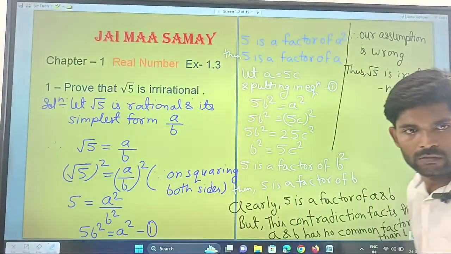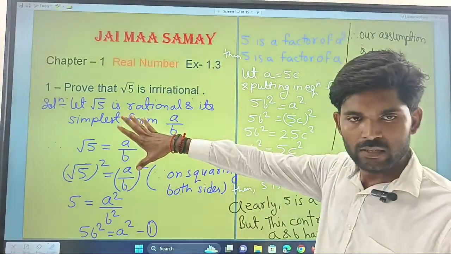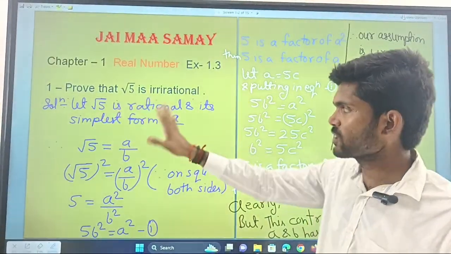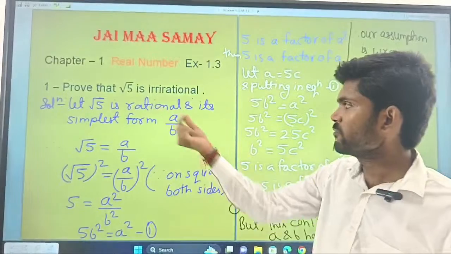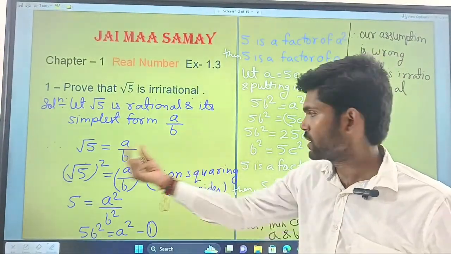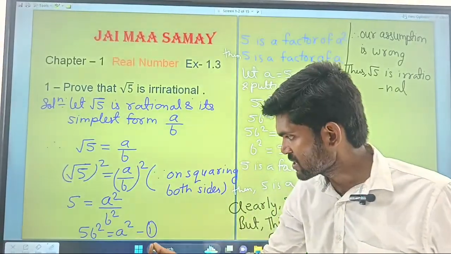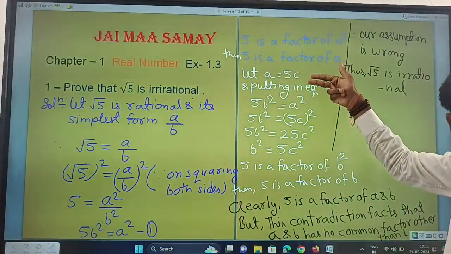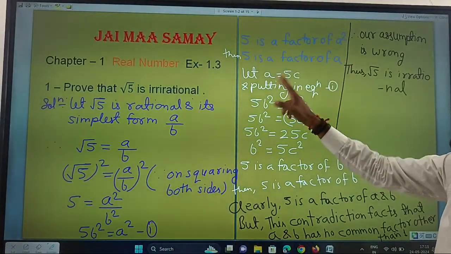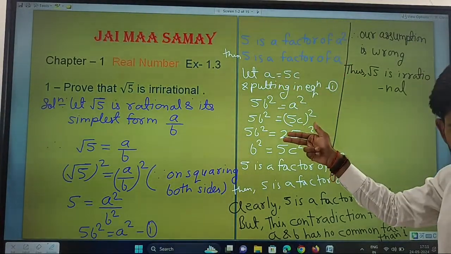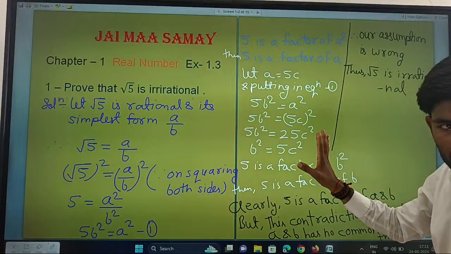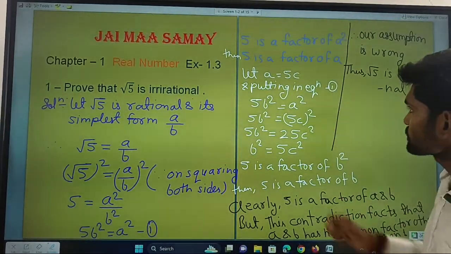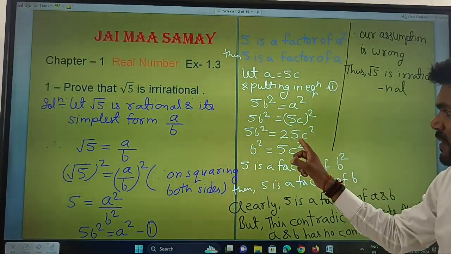Now any confusion? What did we suppose? Let under root 5 be rational, in simplest form a upon b. Squaring both sides, make the equation. Here b left, take 5 and a square. Same statement: a is equal to 5c. Similarly solve, put this value in the first equation, then divide both sides by 5.